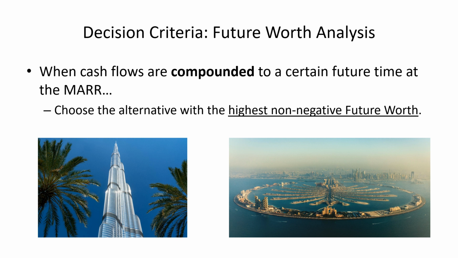And then the way that you know which option to choose is you choose the alternative with the highest non-negative future worth. Or in the case of cost-only alternatives, you would minimize costs. So you choose the option that is the least costly, that has the same utility, able to generate the same revenues.